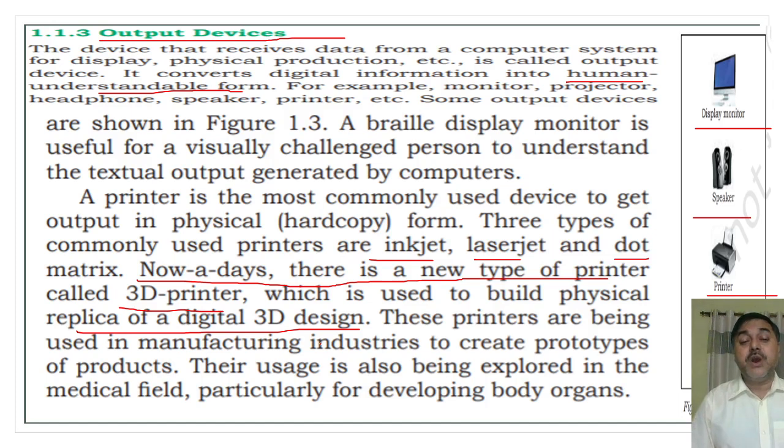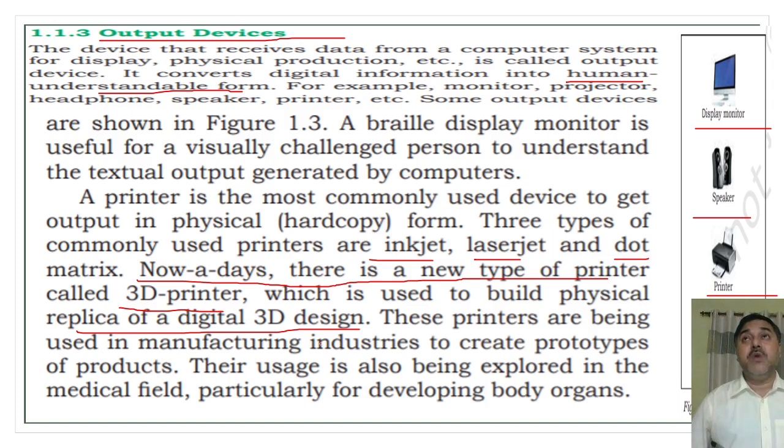We can find this in the medical field and in different development fields. We have different body organs, and for taking the picture of body organs, a 3D printer is used so that the thing can be clearly understandable and easily explainable.